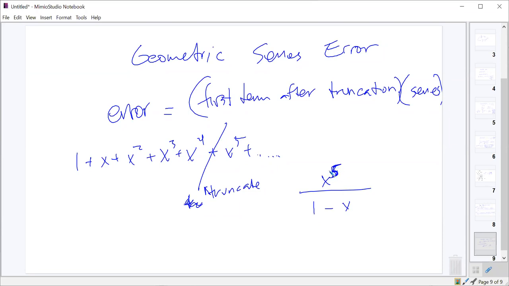If we were evaluating at a half, we'd just do a half to the 5th divided by 1 minus a half. And we would know that the maximum error for this geometric series that we truncated after our 4th degree would be whatever that is. What is that?